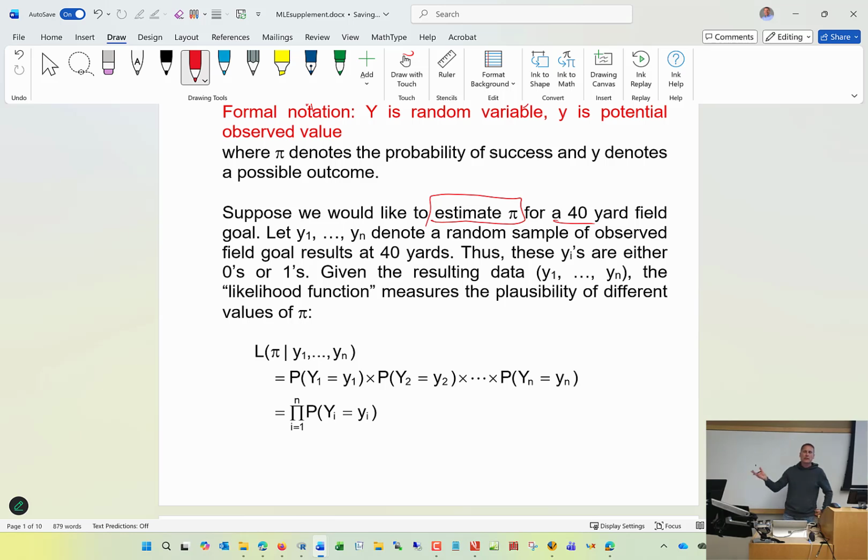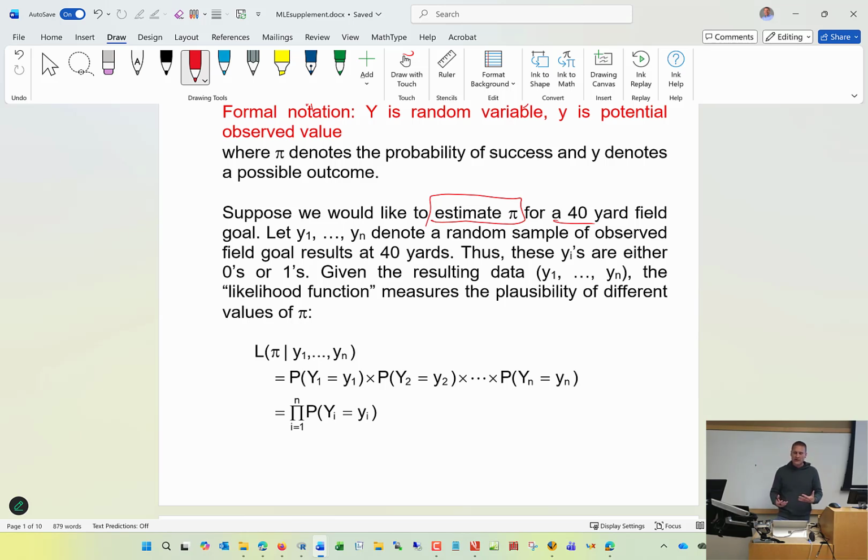So perhaps I go out to Memorial Stadium and, since I can't make a 40-yard field goal, I take one of our field goal kickers for the university with me out there, and I put the ball down on a tee from 40 yards. I say, okay, go ahead, let's kick it a few times. How about we take a sample of 10 kicks? Based upon that data, that sample, I want to try to estimate what pi would be.